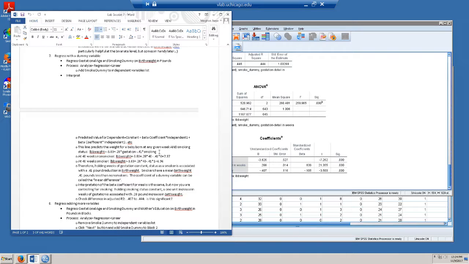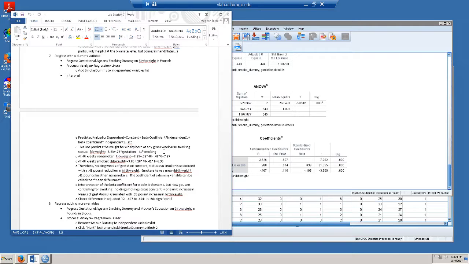Theoretically, if smoking and gestation were not related at all, then you wouldn't see a change in your beta for gestation when you add it. But of course, everything's a little bit related.